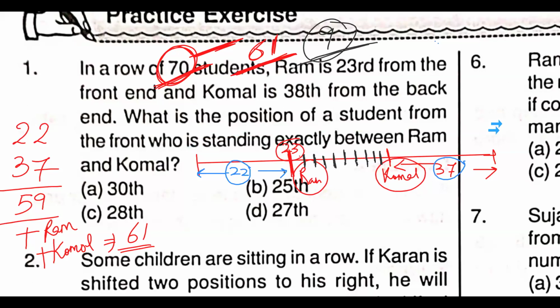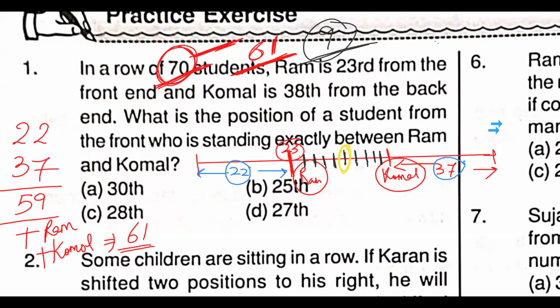So exactly between Ram and Komal, if we'll see, which one will be there? Ma'am, let me highlight it. Ma'am, I think maybe the 4.5 something. This one, beta, this one. So yes, 4.5 you're saying after dividing 9 by 2, that is correct.